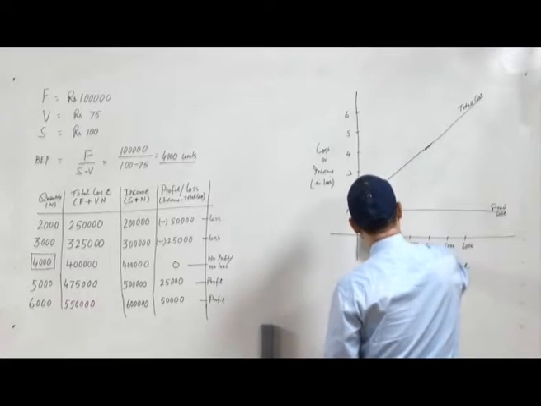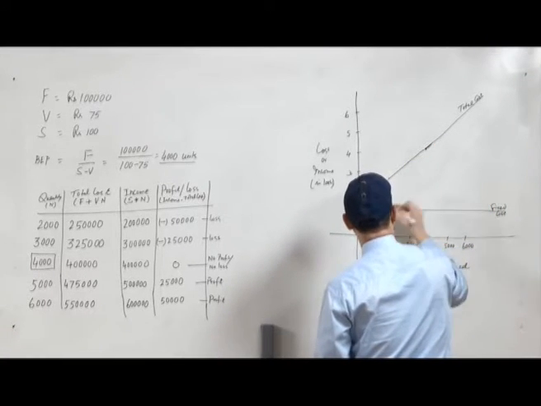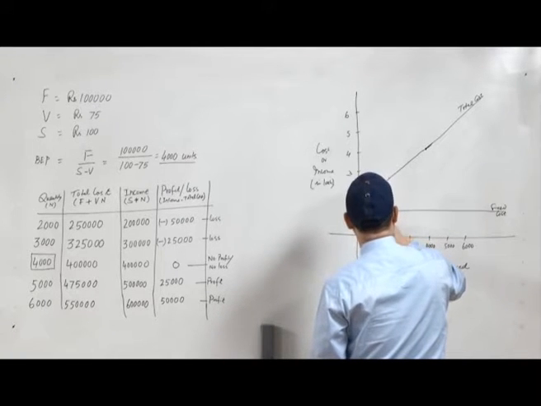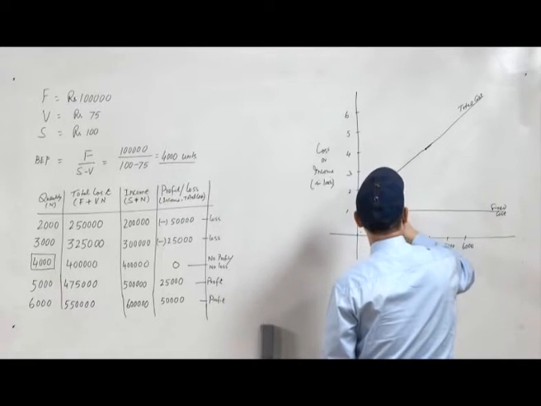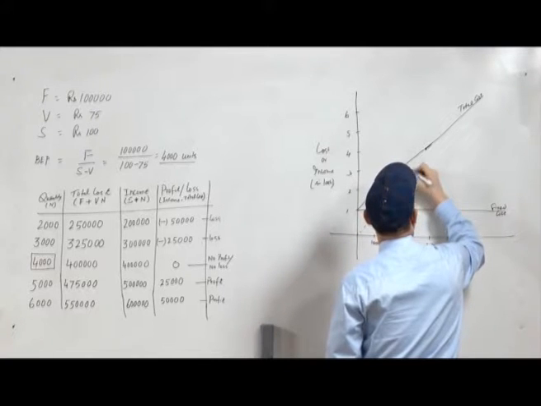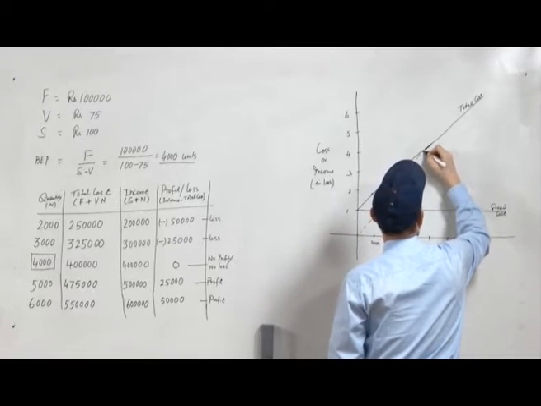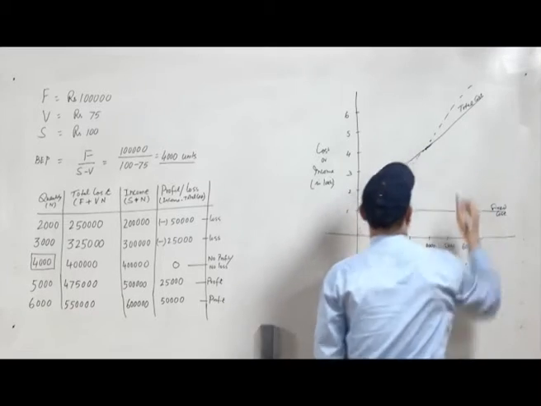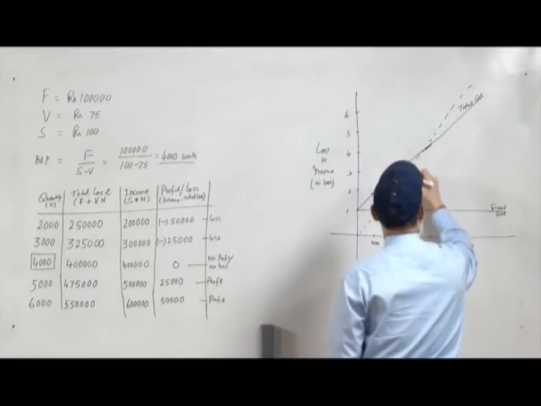So, this line will move from here through this point, and this line is known as the income line.